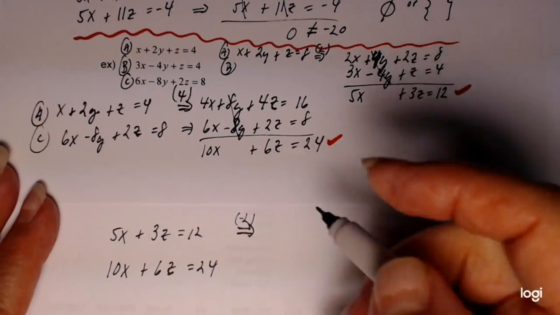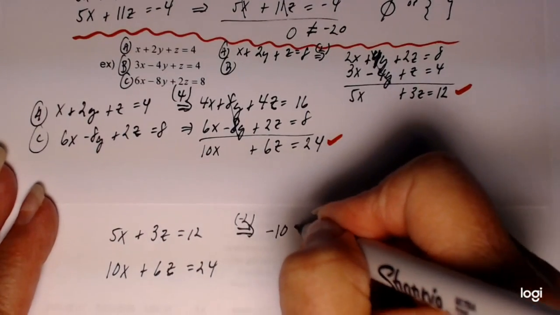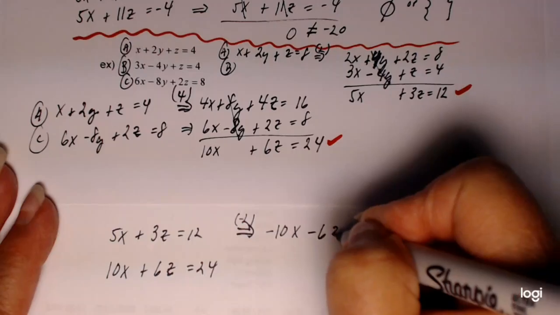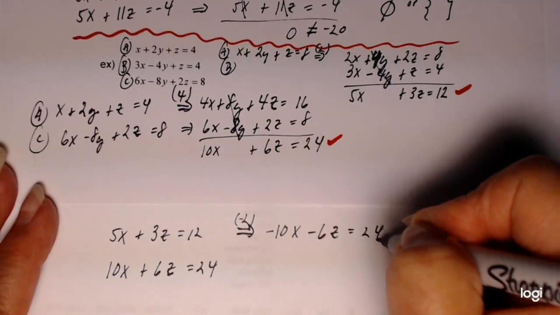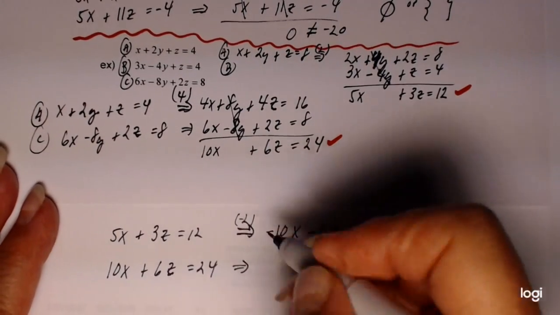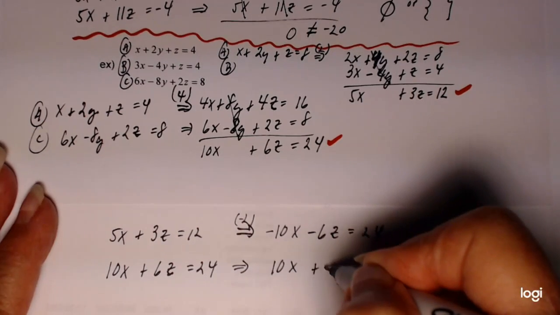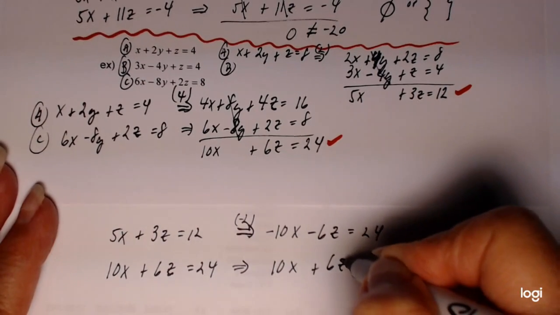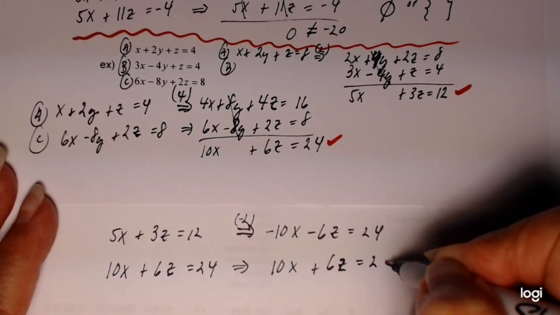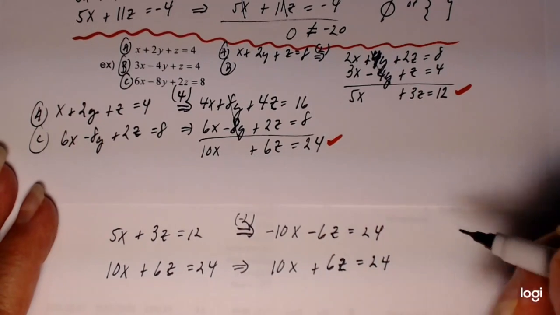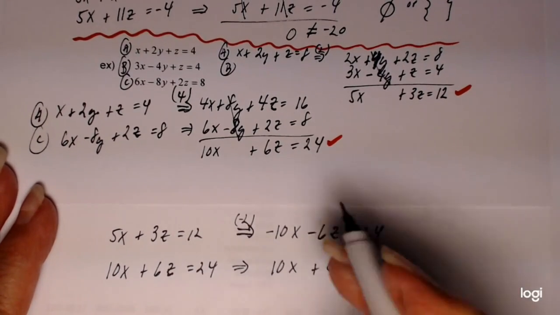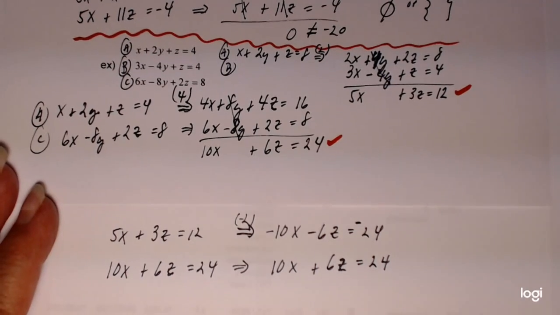So here I have negative 10x minus 6z is equal to negative 24. Don't have to do anything to this equation. Whoops, negative 2 times 12, this is negative 24.